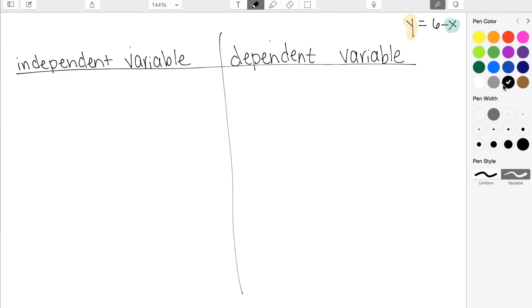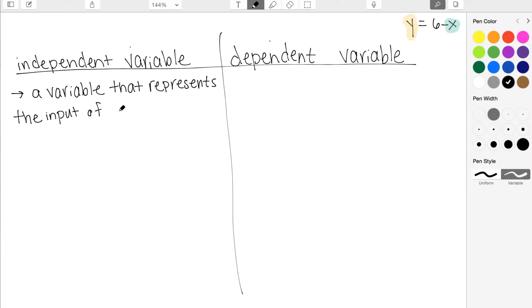So let's start by explaining what independent means. It's a variable that represents the input of an equation or a function.